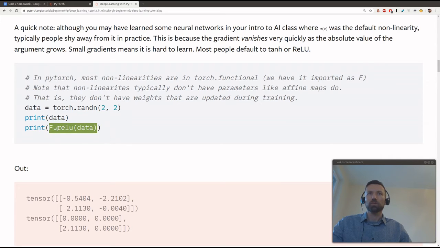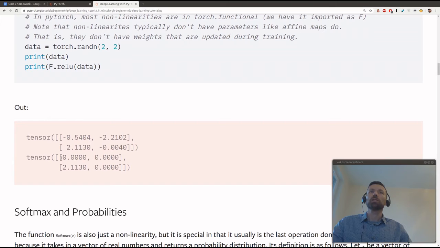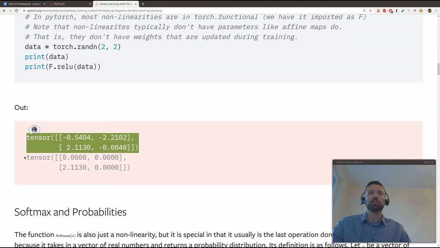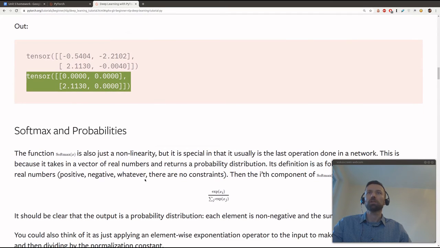The ReLU non-linearity is in this functional interface package, and we apply this to our data. What the ReLU does is it just sets negative numbers to 0. As you can see here, you have an input tensor with some negative numbers, and the negative numbers are set to 0. So a very simple non-linear function applied.